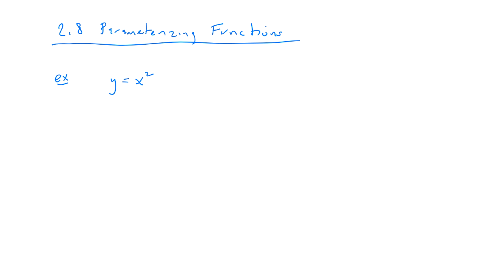So for example, here, a really easy thing to do would just be let x be t, and then y is equal to x, which is t squared. So the same function as a vector function, y equals x squared, is the vector function t comma t squared. And we introduce time, so now we can talk about moving along the curve, not just seeing the curve. And so this type of thing we can pretty much always do.